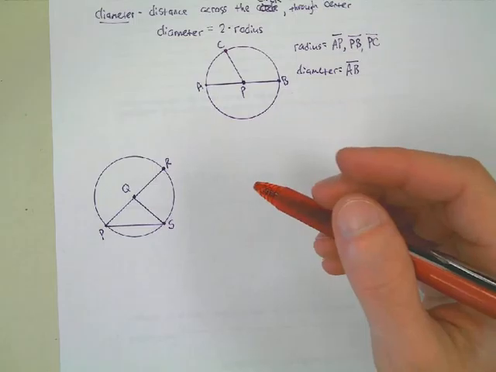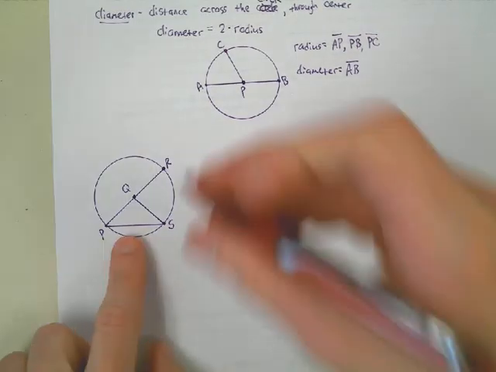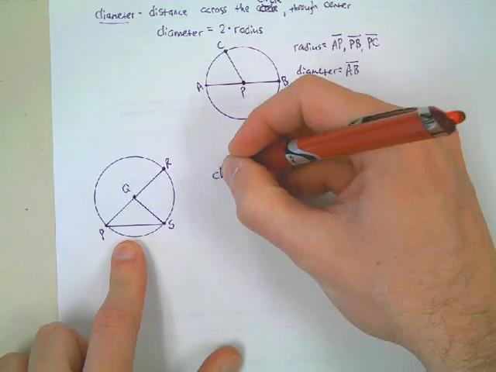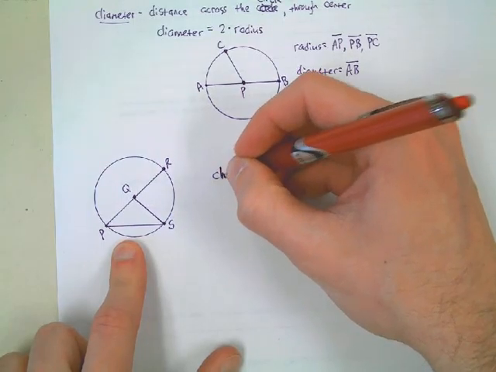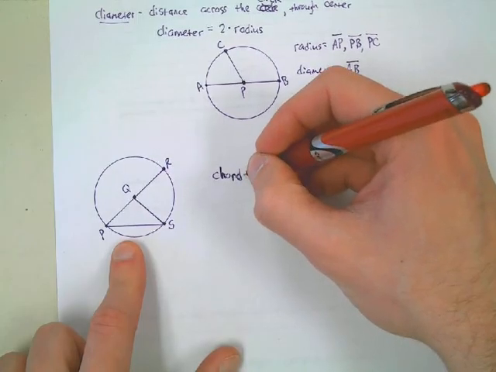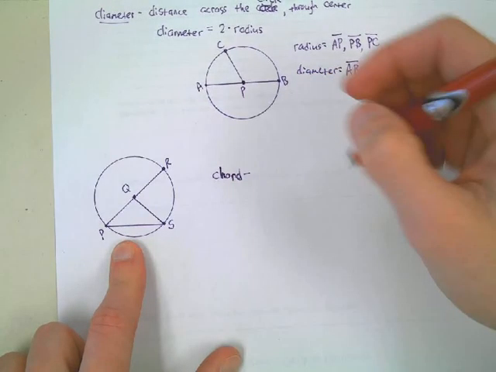So yes, PS here is another kind of segment, and it's exactly what Eli said, if you didn't hear him. It's a chord, C-H-O-R-D. So a chord is a segment.